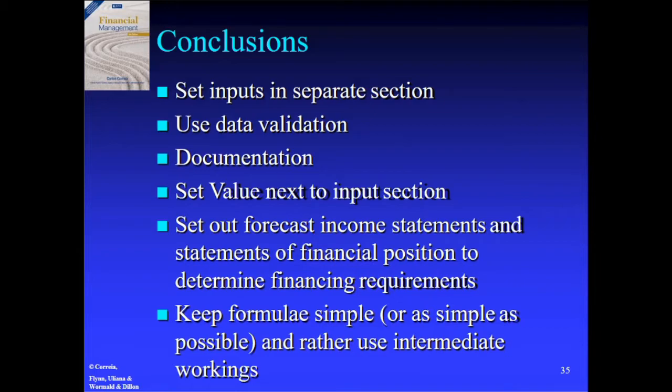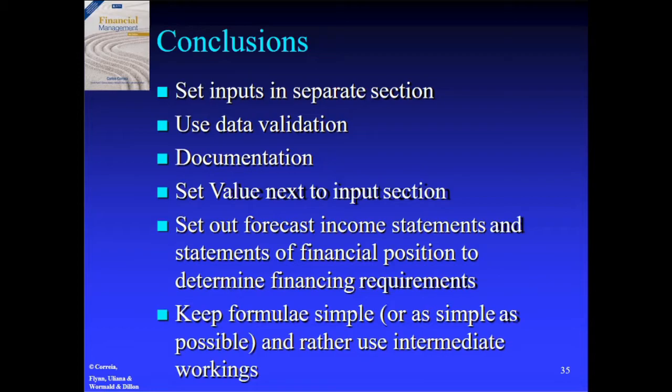So in conclusion, based on the lecture and the material we have just covered, we can see that it's important to have the inputs in separate sections. It is also important to validate the data that we are inputting and to make sure we are documenting the information properly.